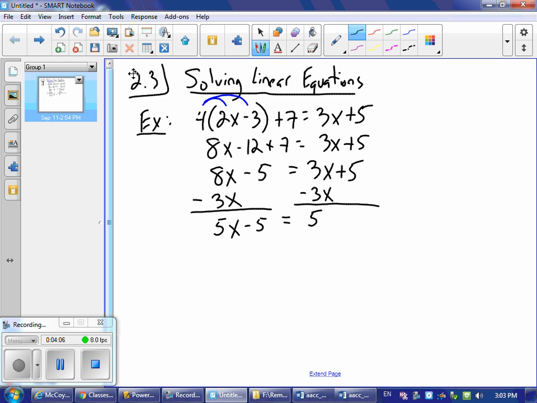Now, order of operations in reverse. The first thing we're going to do is add or subtract whatever we can to get it away from the x. So in this case, I've got a 5x minus 5. The first 5 here is being multiplied. The second 5 is being subtracted. So I'm going to get rid of the subtraction first by doing the opposite, which is adding 5 to both sides.